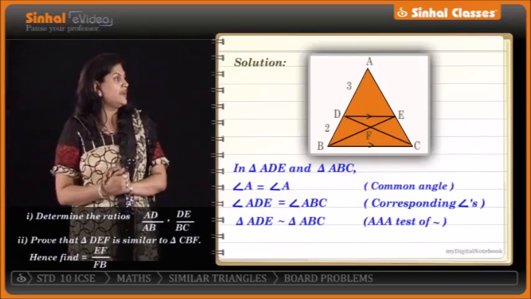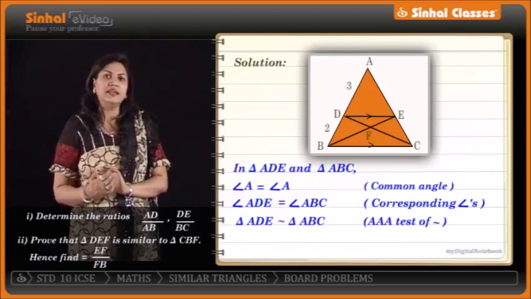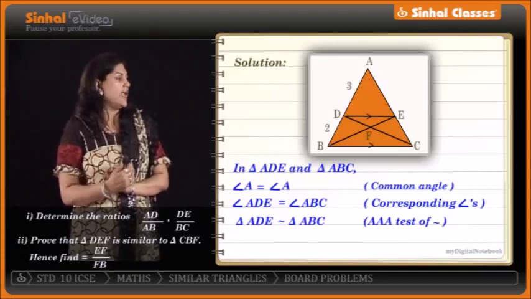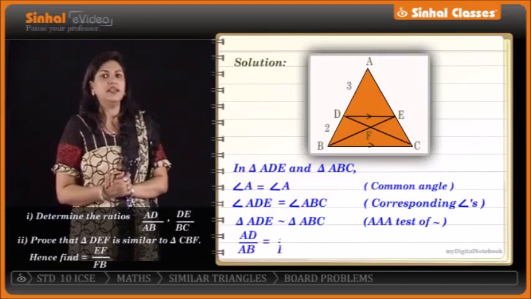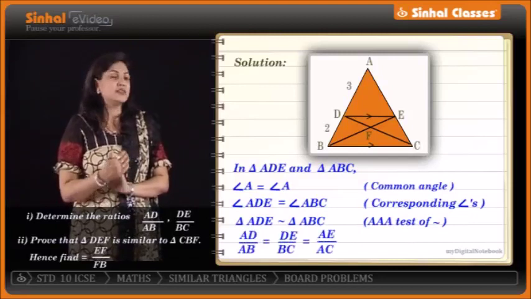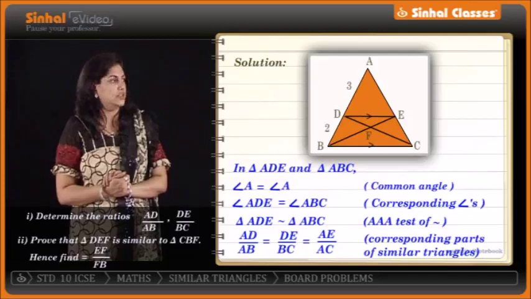Now we want to find the ratios AD upon AB and DE upon BC. So AD upon AB is equal to DE upon BC, which is equal to AE upon AC, because corresponding parts of similar triangles will be proportional.